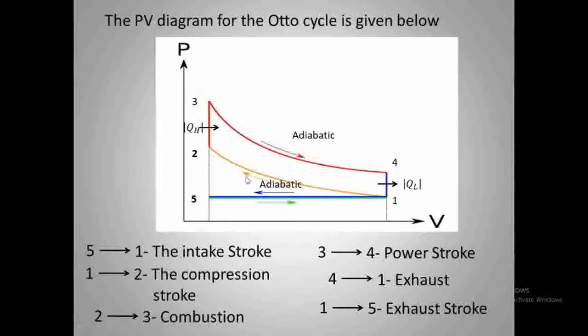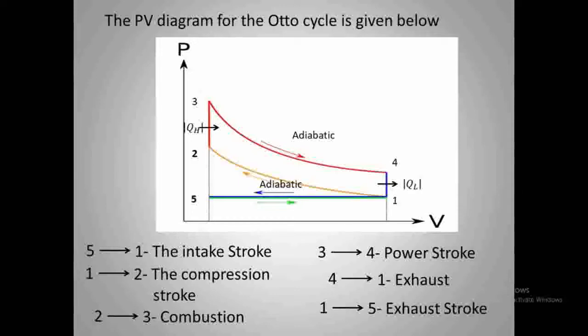So 1 to 2 and 3 to 4 are the adiabatic processes. 2 to 3 and 4 to 1 are the isochoric processes, and 5 to 1 and 1 to 5 are the isobaric processes. There are 2 isochoric, 2 isobaric and 2 adiabatic processes in an Otto cycle.